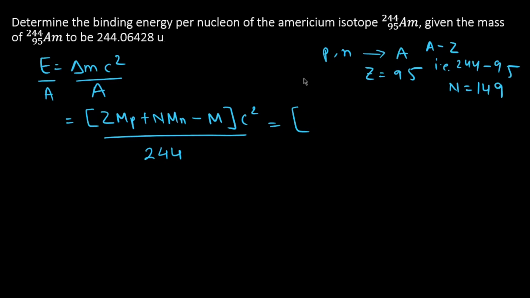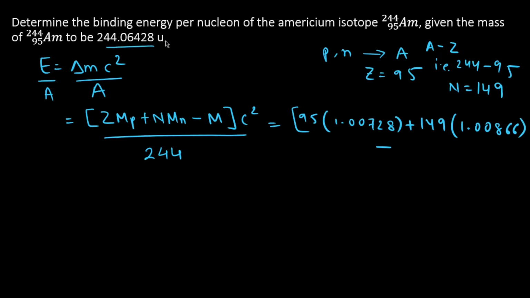So let's substitute these values. So 95 into mass of proton in AMU is 1.00728 plus 149, that is the number of neutrons, into mass of neutron, that is 1.008665, minus the total mass, which is given as 244.06428, and taking the u outside into c square.